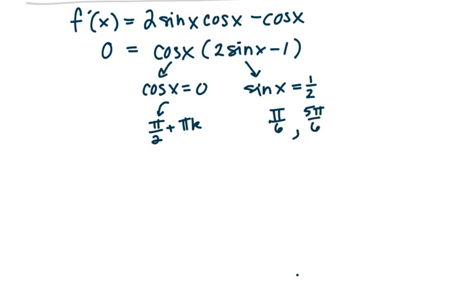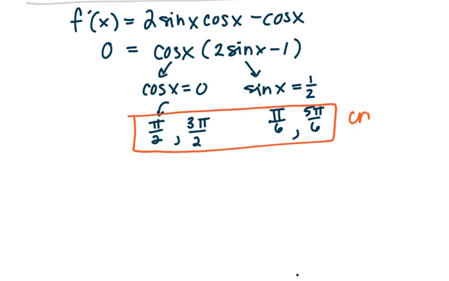We could say plus pi k on each of those, but in actuality, we don't really need that at all, because we're talking about this only within one revolution of the unit circle. So I'm just going to go ahead and list pi over 2 and 3 pi over 2. So these are my critical numbers. I have 4 critical numbers.